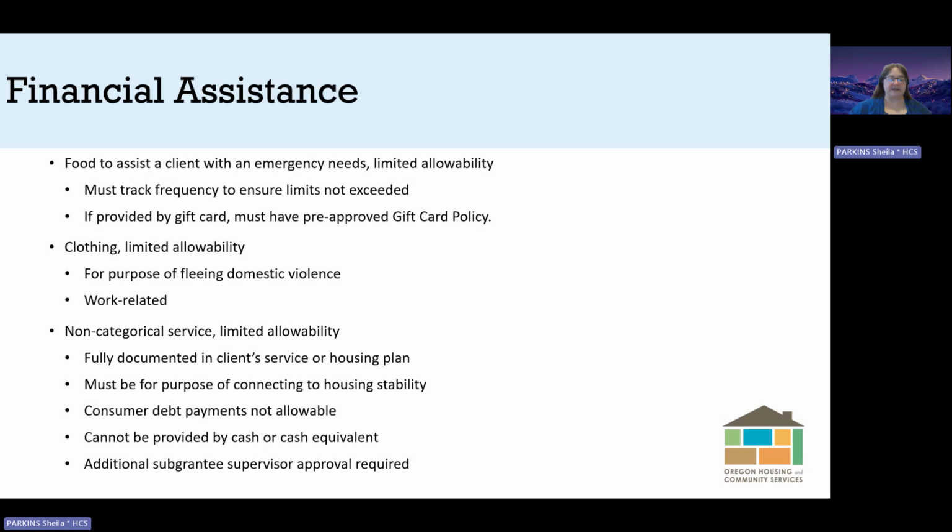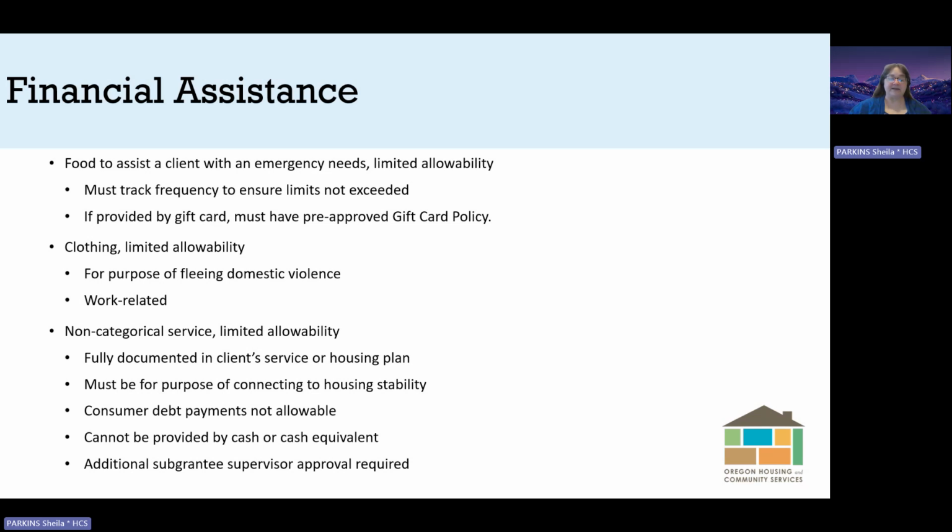Use of funds for the purchase of clothing is extremely limited to clothing needed for employment or when fleeing domestic violence in which there was not an option to leave the home with their clothing. Clothing is specifically defined in the manual.